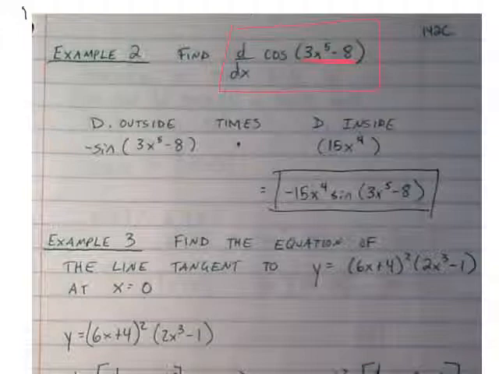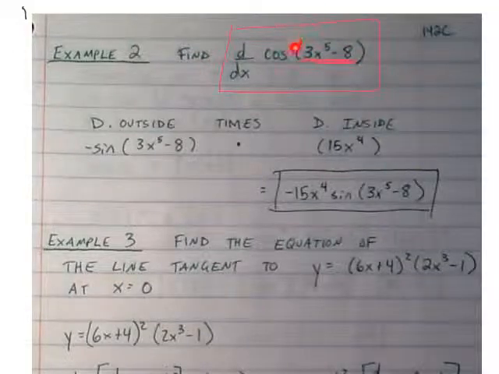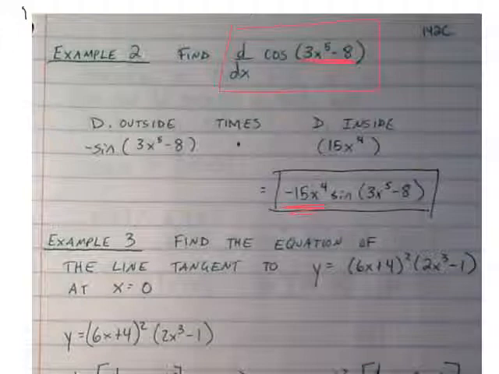So the derivative of the outside, we know that the derivative of cosine is negative sine, so we write negative sine times our argument. And then the derivative of the inside, when we take the derivative of 3x to the 5th minus 8, we get 15x to the 4th. So there we go, and then I just move the inside to the front in a pseudo-simplifying fashion.